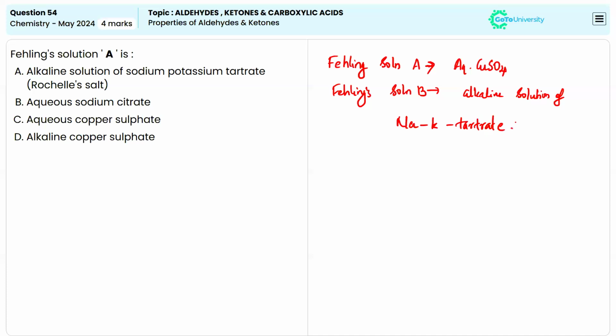So these are Fehling's A and B, and a mixture of these A and B is called Fehling's solution.